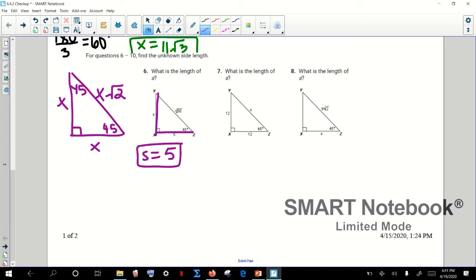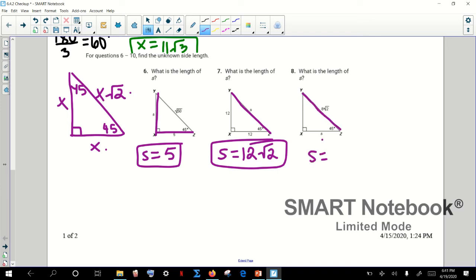Alright, what is the length of S in this one? This one happens to be the hypotenuse. So how do I go from one of the legs to the hypotenuse? I multiply by square root of 2. So that means S is 12 square root of 2. And in number 8, we're actually given the hypotenuse, but I want to go back to see what one of the legs is. So instead of multiplying by square root of 2, I take whatever the hypotenuse is and divide by square root of 2.